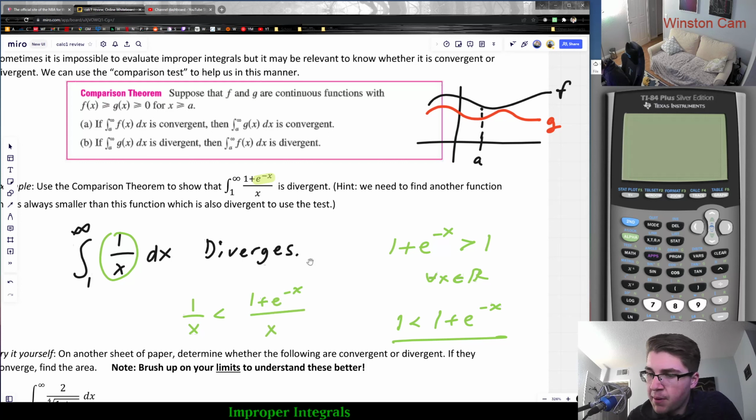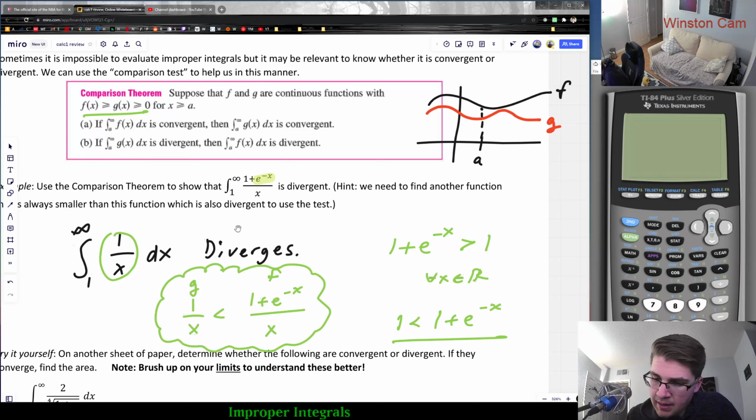And so for the comparison theorem, this is like my g function, this is like my f function. g is strictly smaller than f. And what the comparison theorem states is that if g is divergent, aka if a smaller function diverges, the larger function must also diverge. So essentially once I've shown this is true, the logic here is that the area underneath this curve is infinite.